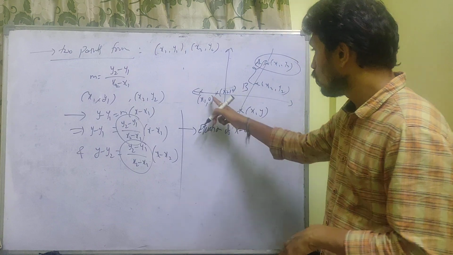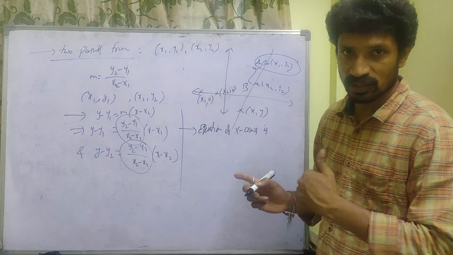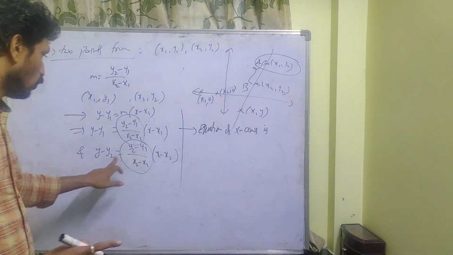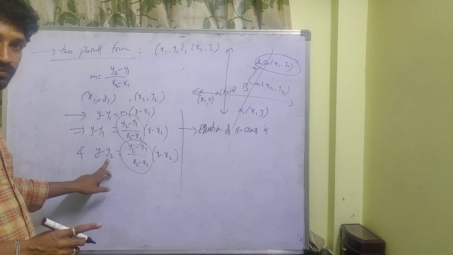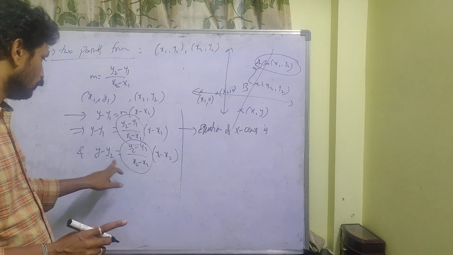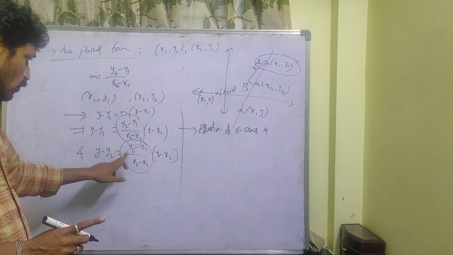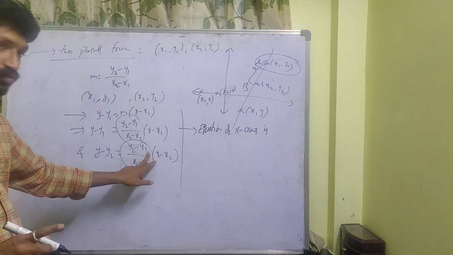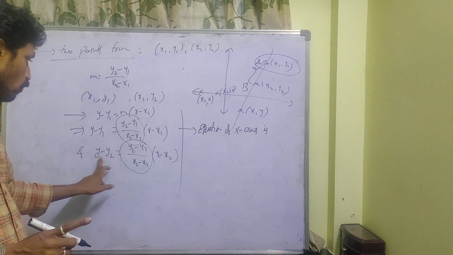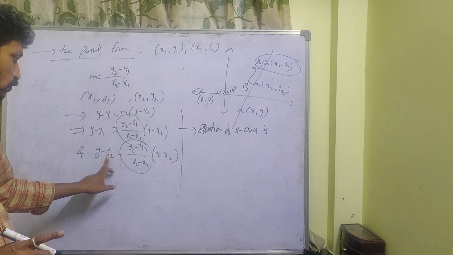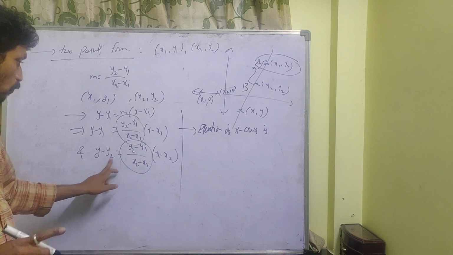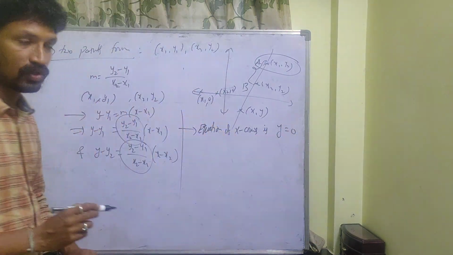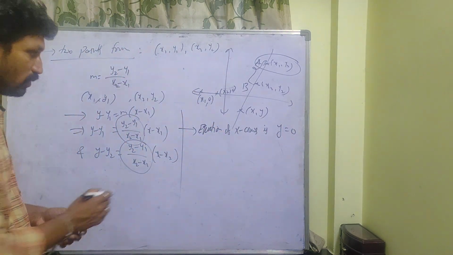The y coordinates are both zeros, so y1 is 0, y2 is 0. And what do you get? 0 into anything is 0. y2 minus y1 is 0, and 0 into anything is 0. So what you have? y minus y2 is equal to 0. y2 also here is 0. So what you have? y is equal to 0. So the equation of the x-axis is y is equal to 0.